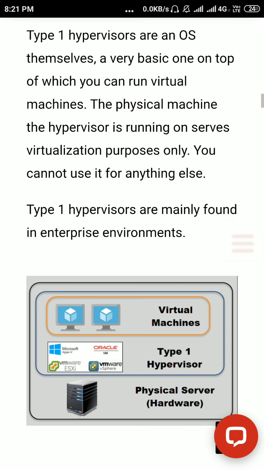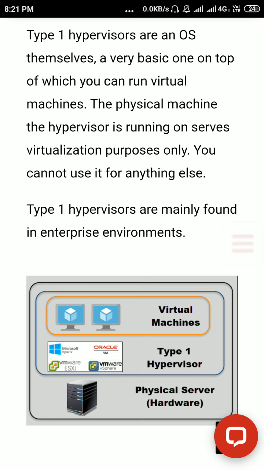Type 1 hypervisors are mainly found in the enterprise environment. That means hypervisor type 1 is used in data centers and large industries. It is not beneficial if you use it in a small industry purpose, but if you need more security in your data, then you can use the type 1 hypervisor.